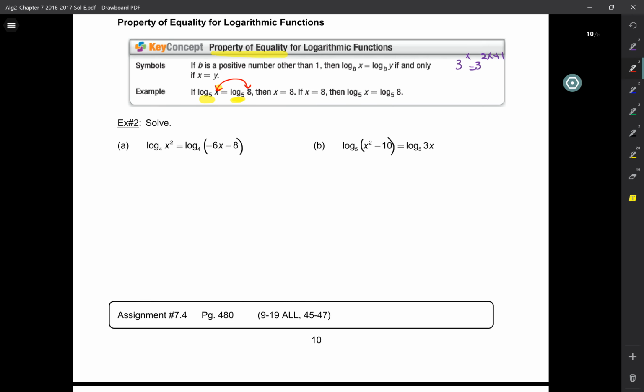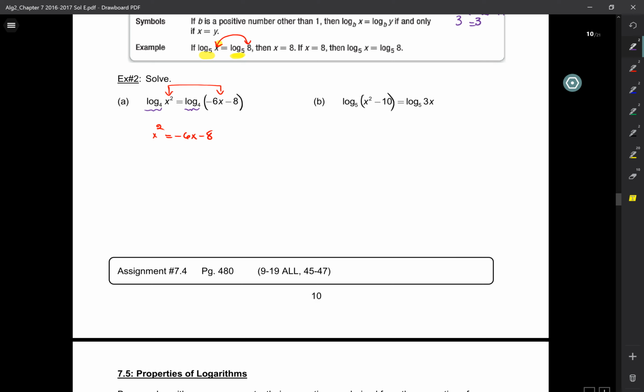So take a look at this one. I have log base 4 and log base 4, right? They're identical to each other. So what can I set equal to each other? x squared equal to negative 6x minus 8. Now, how can I solve this?